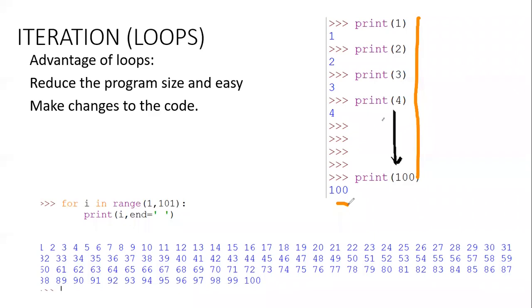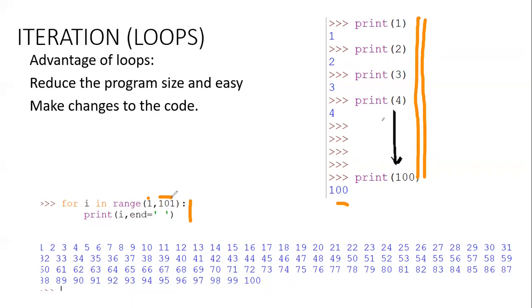But here there are 100 lines of code to produce 1 to 100. But you can see the same output you can get by using just 2 lines. So how do you do that? Now we can define the range. As I have explained to you previously, what is the range? The range 1 to 101. That means the starting value is 1, incremented by 1, and goes up to 101, which means it goes up to 100.